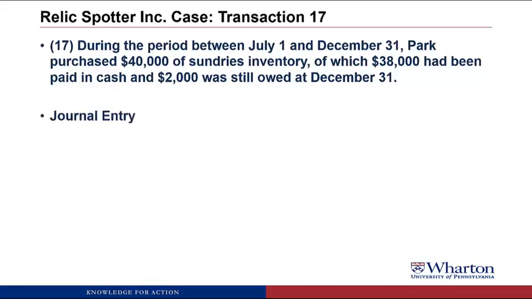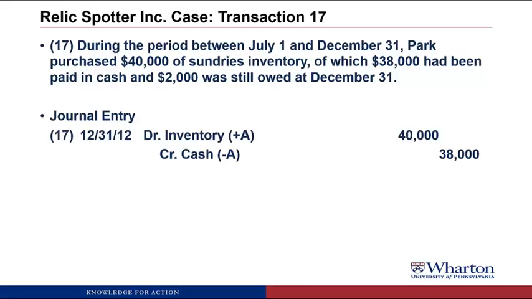Journal entry for this one, we are paying cash. Anytime we pay cash, we're reducing an asset. We reduce assets with a credit, so we credit cash $38,000. We're receiving inventory. Inventory is an asset. We make an asset go up with a debit, so we debit inventory $40,000.